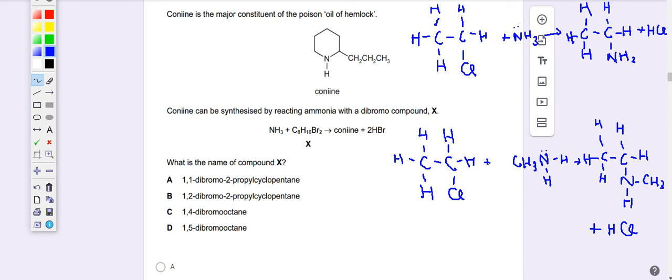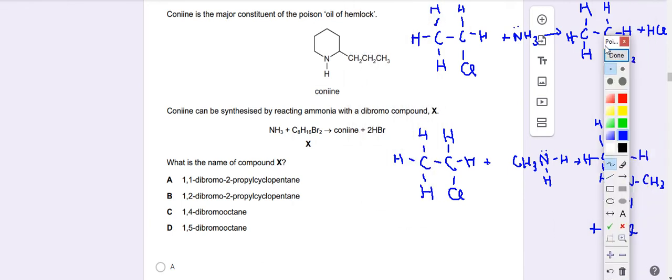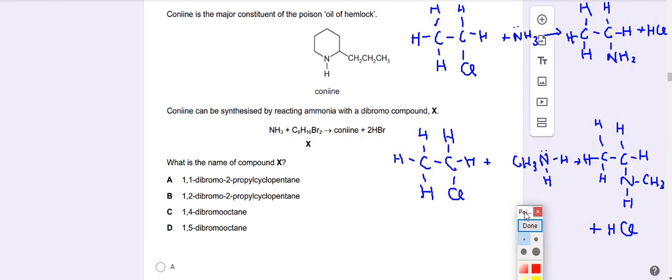Now there is another equation that I want to show you. Now if I have a very long organic molecule, and this molecule has 6 carbons, for example.